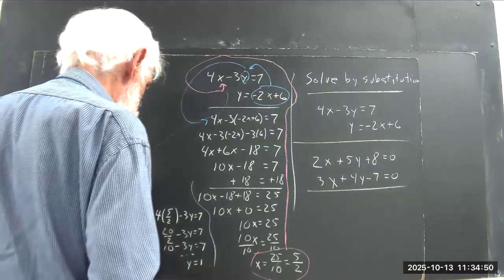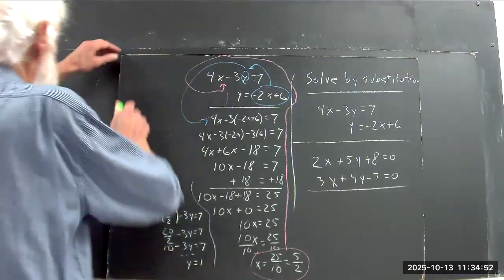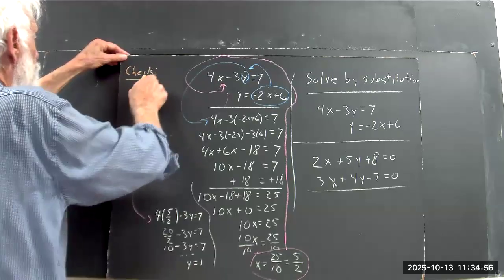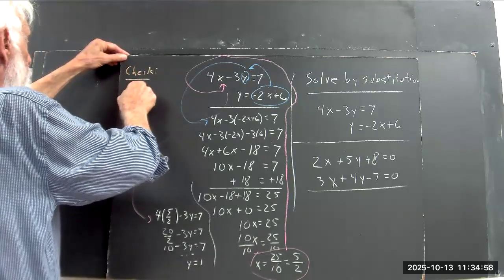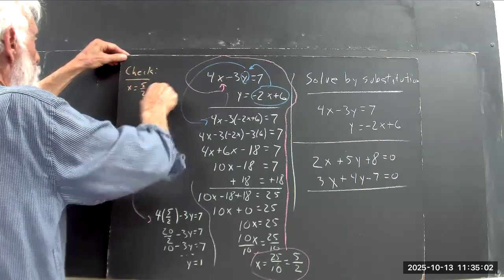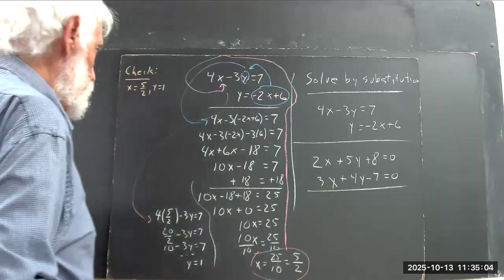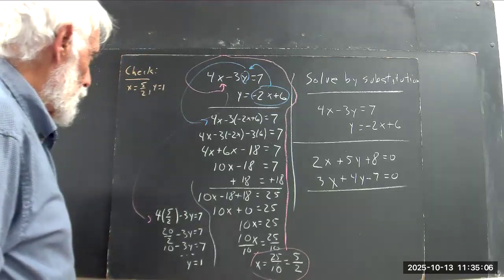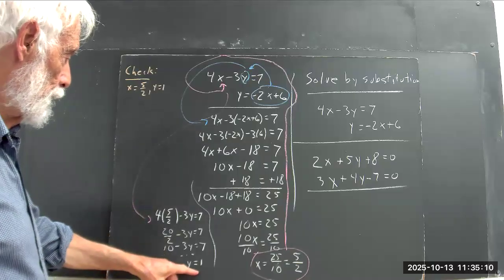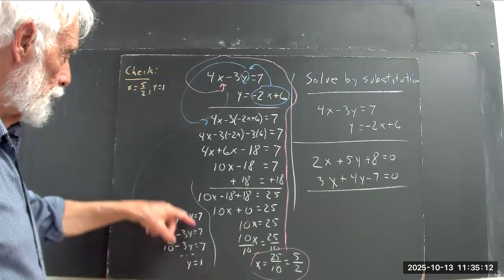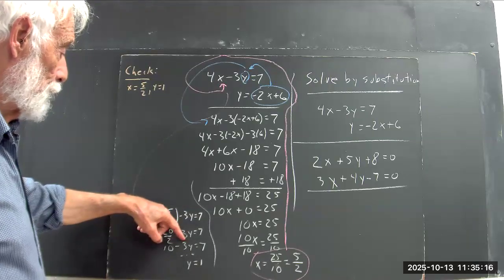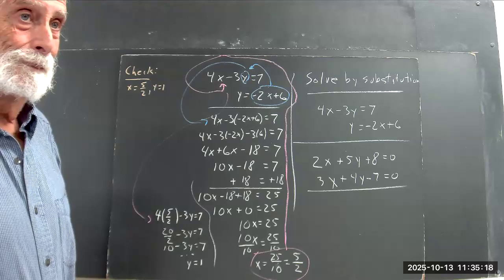Okay. So now check. We can already check that in the first equation. If we say y equals 1 and plug it back in here, we get 10 minus 3 equals 7.